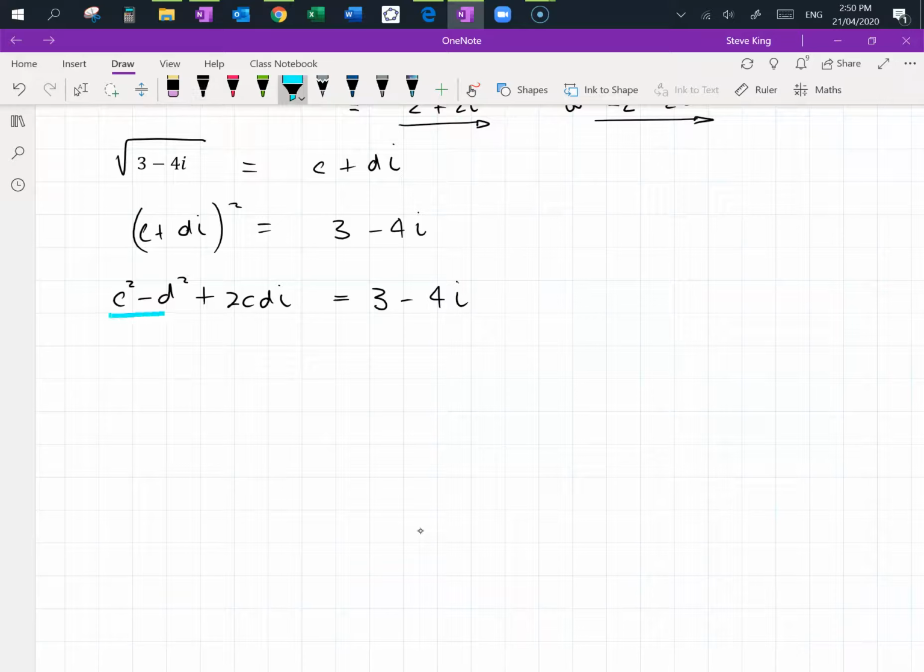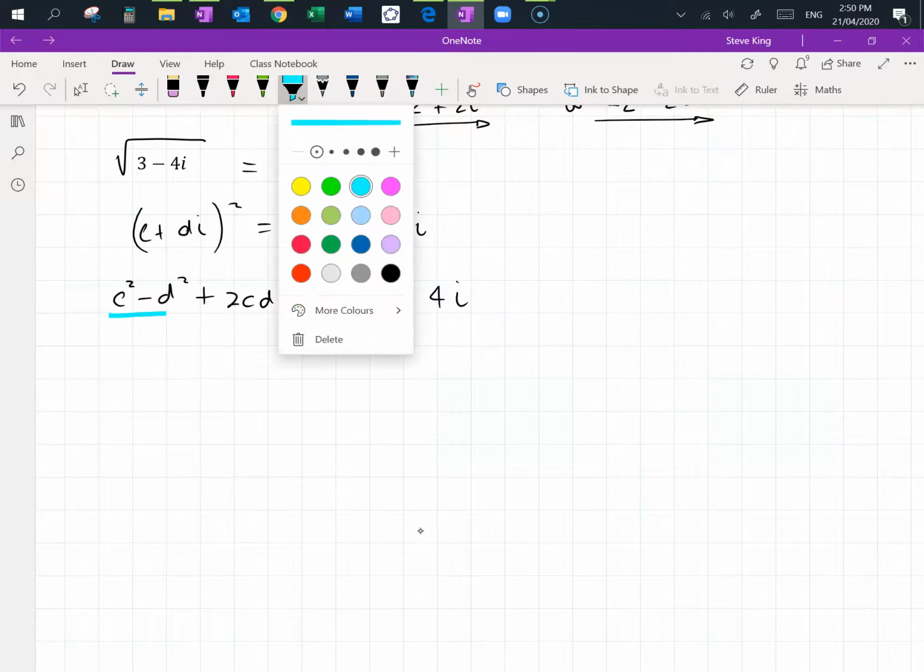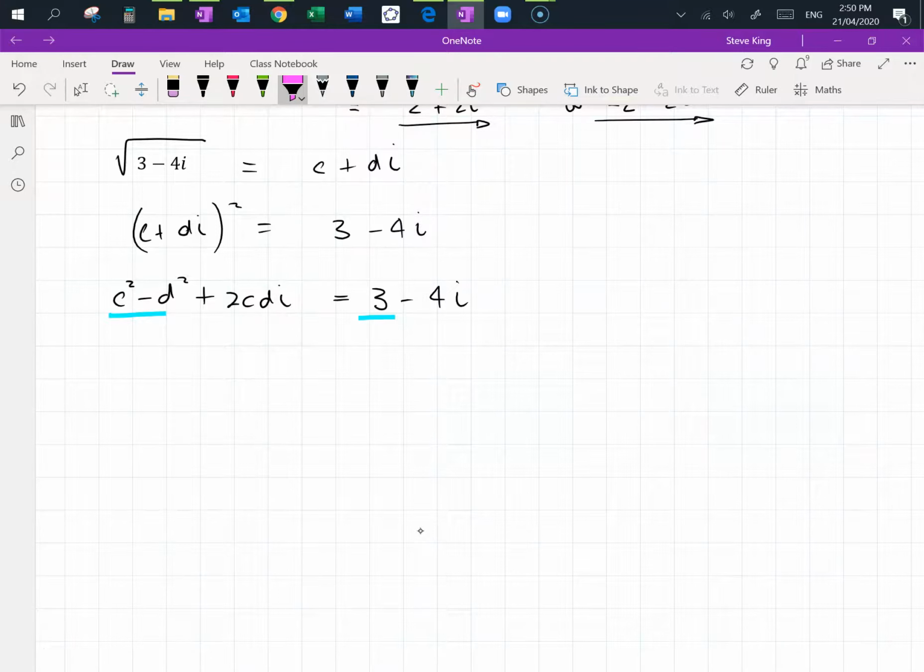I can see the real component over here, and I can see the imaginary component over there. So I can say c squared minus d squared is equal to 3, and 2cd is going to equal minus 4. So once again, I'm going to solve for c first, because that is the real component. I can say over here that d is going to equal minus 2 over c.